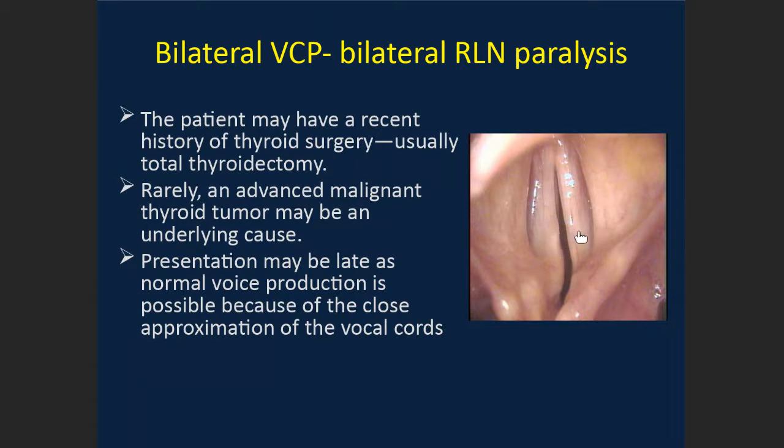But sometimes bilateral vocal cord paralysis is not in the midline. They have space, air comes down, and voice production can be normal because the cords close normally and there is some space. That's very rare.